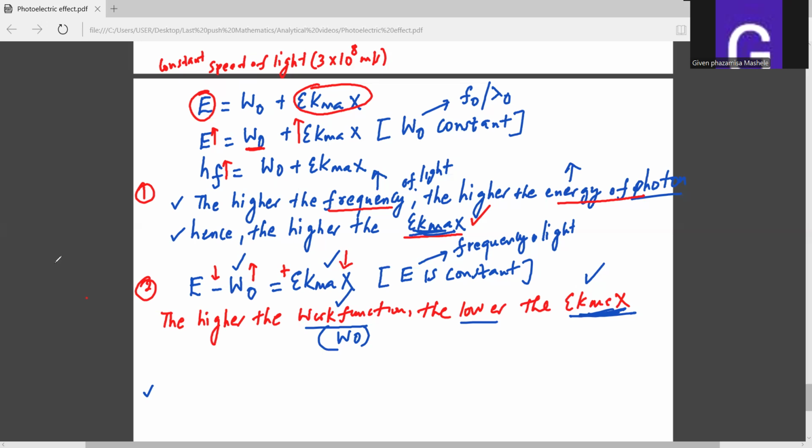Let's say now, this time around, we are given this scenario. Let's assume we want to look at the relationship between kinetic energy and the frequency of light. And guys, this is very, very, very important. This is an exam typical question.